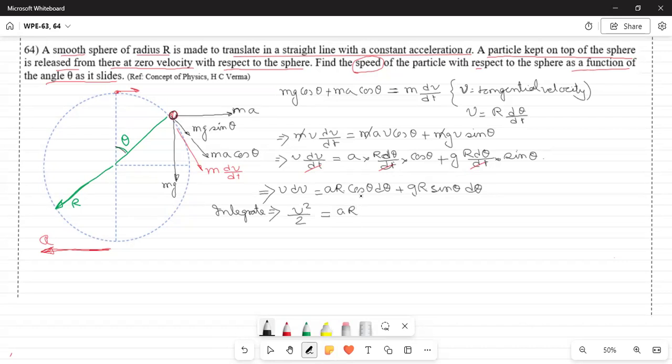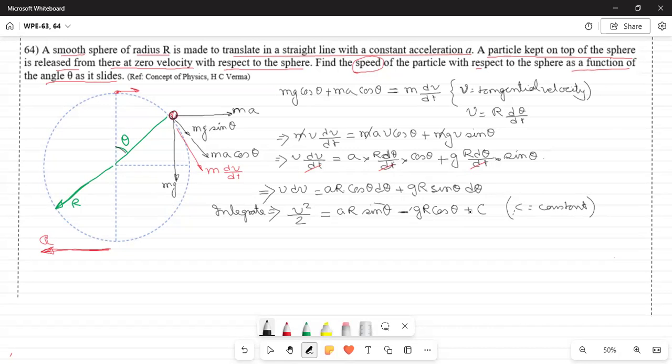Integration of cos theta is sin theta, minus integration of sin theta is minus cos theta. So minus GR cos theta plus there is a constant C. Now, how do you find out the value of C?